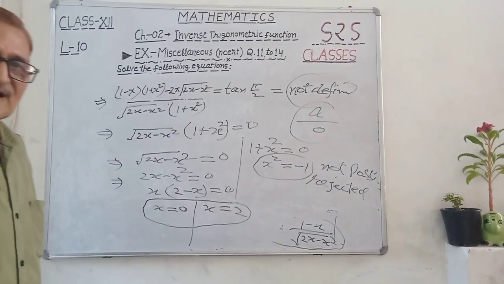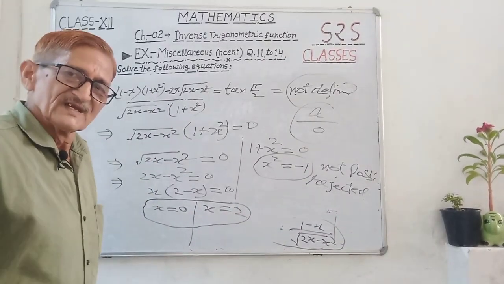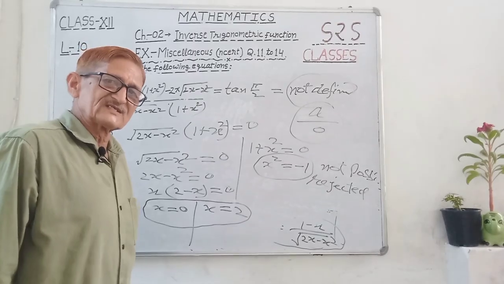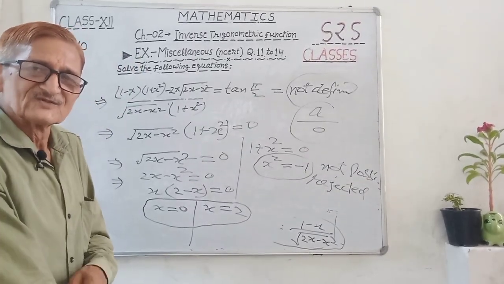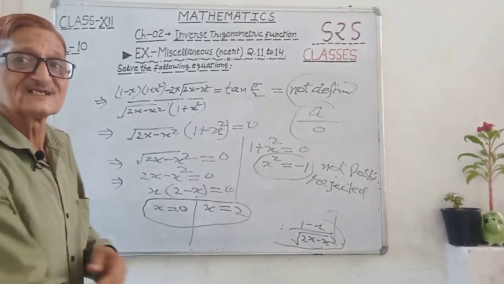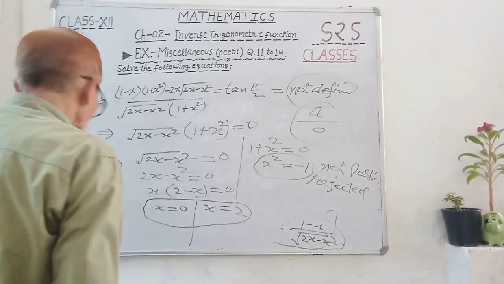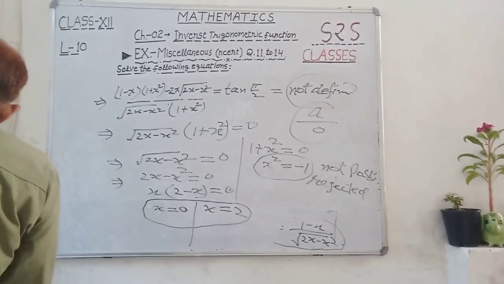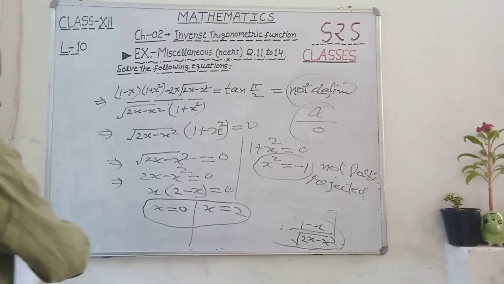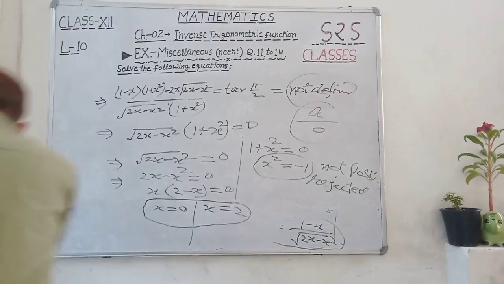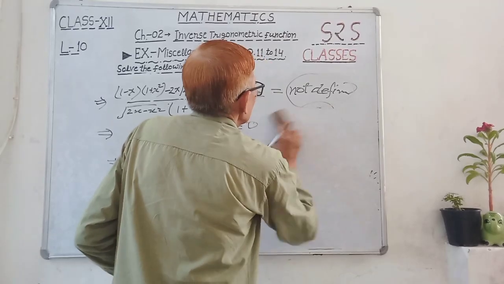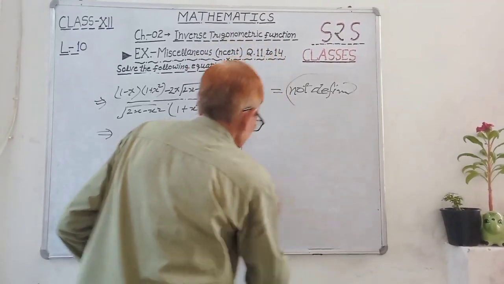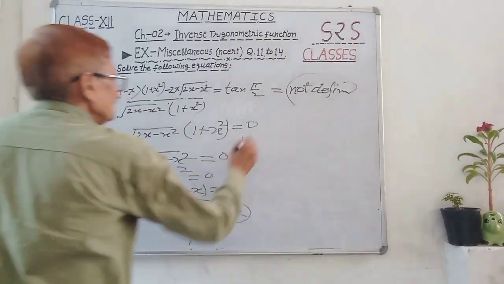Understand? Both are possible, or maybe any one is rejected. So we have to check in the starting equation, the question. Check which is possible. Okay? Now understand, checking.